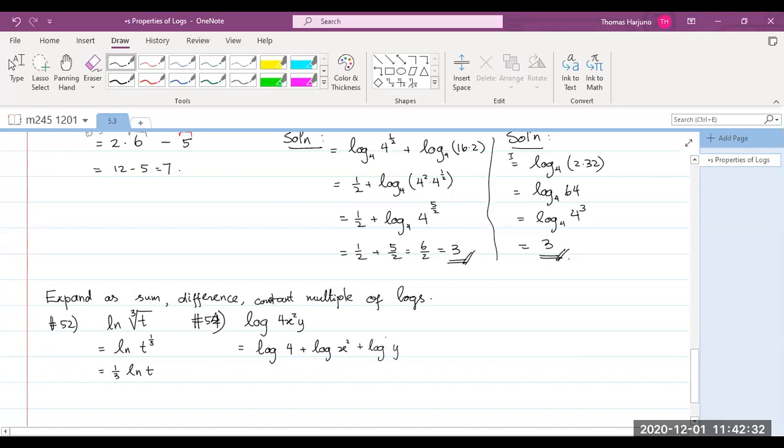Are you with me so far? I'm not done yet. One more step. That's property number 1. And then I will apply property number 3 to the second term. So this will be log 4 plus 2 log x plus log y.